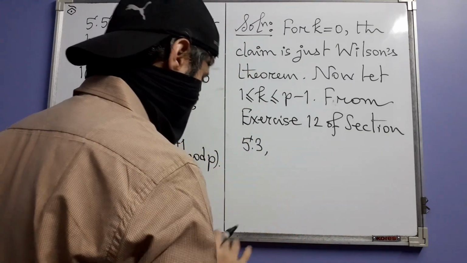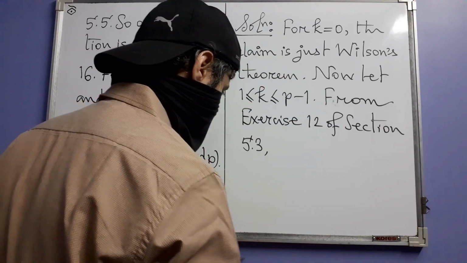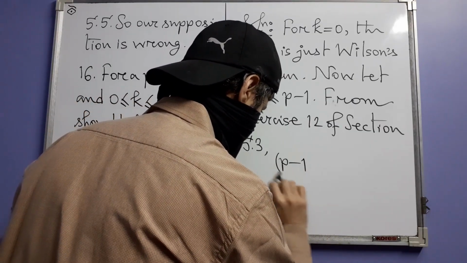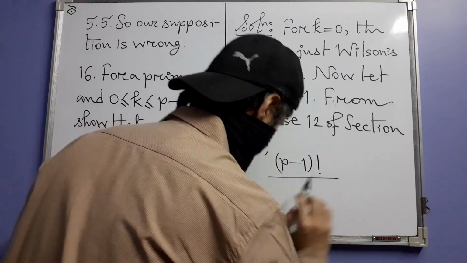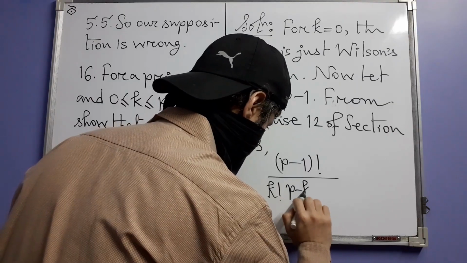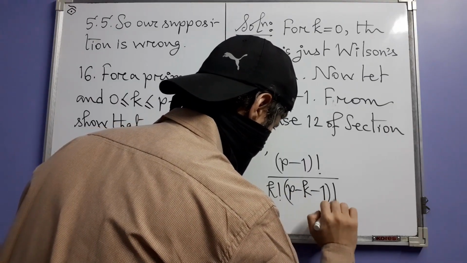So, let me write like this: p minus 1 factorial divided by k factorial times p minus k minus 1 factorial.